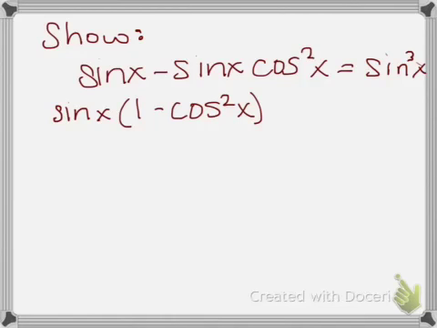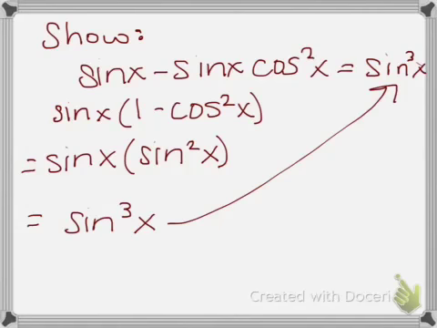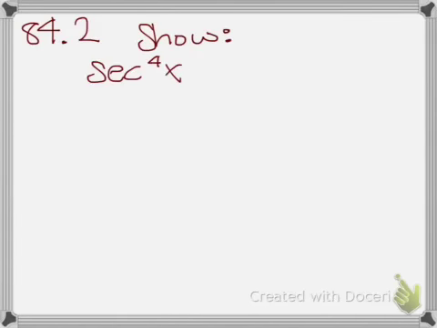And 1 minus cosine squared x should look familiar because it is equal to sine squared x. Then when we multiply those out, we get sine cubed x, which looks just like the beginning. Let's do another example.